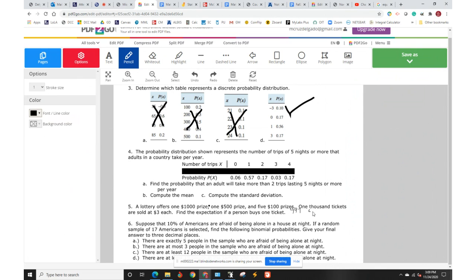And we have a problem just like this in my notes, or almost just like this. A little bit different. And then the other one is -3. And then here you put the probabilities.